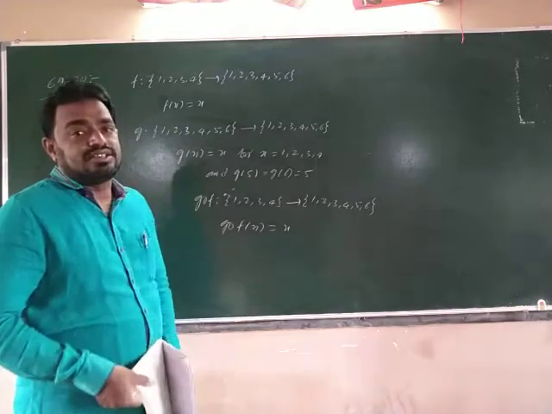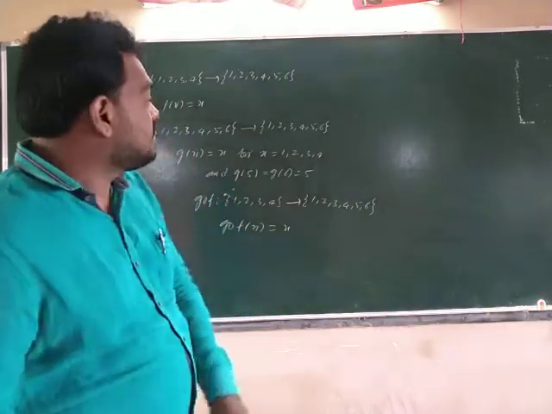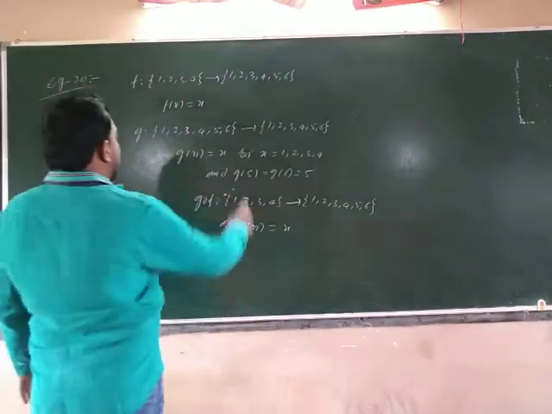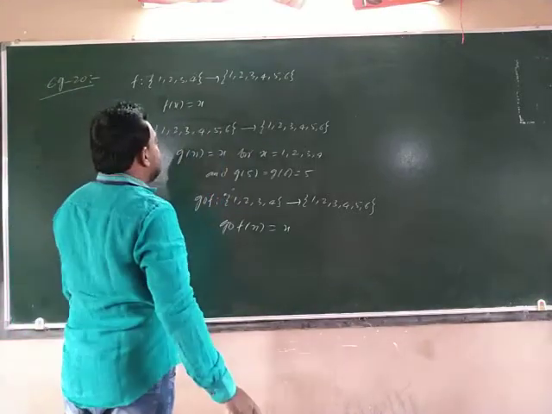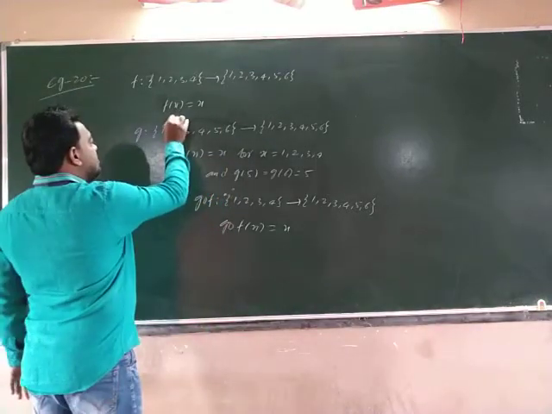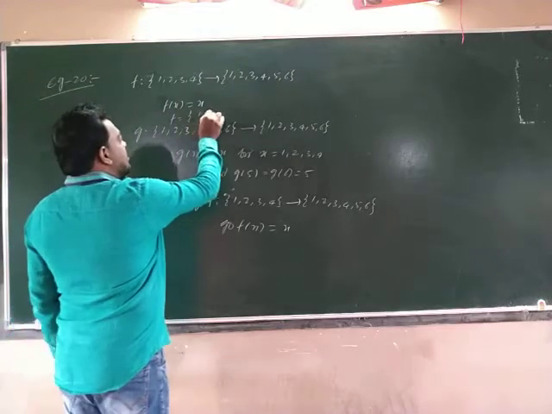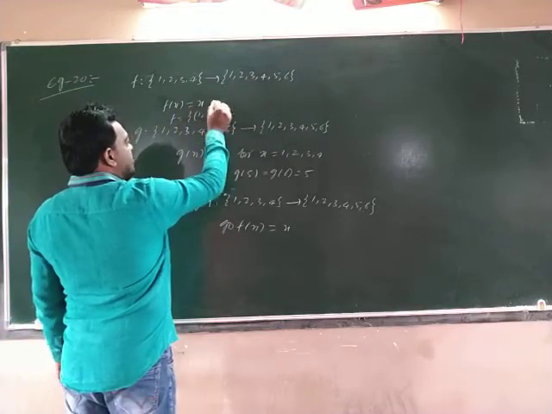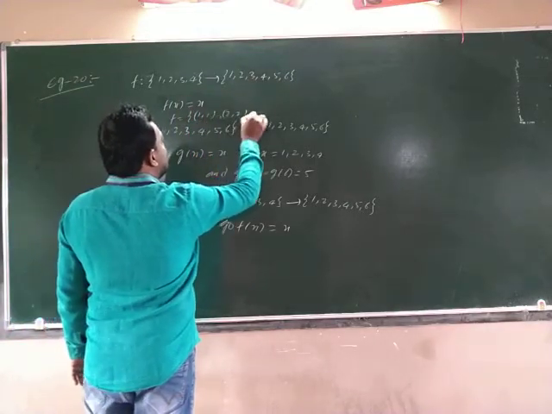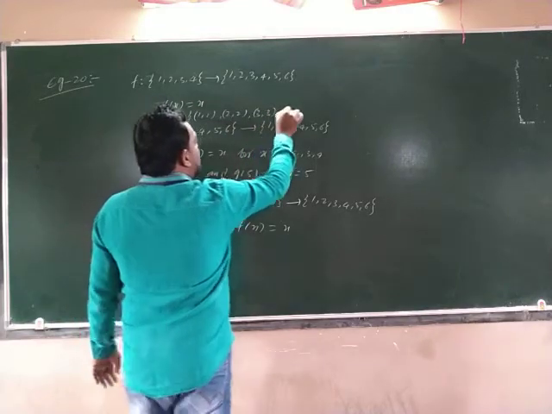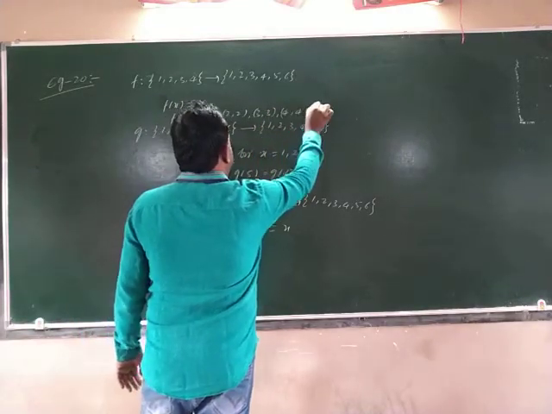So like this I define. Here f(x) = x means f is 1-1. If you substitute 1 we get 1, if you substitute 2, 3, 4 we get 2, 3, 4 only.